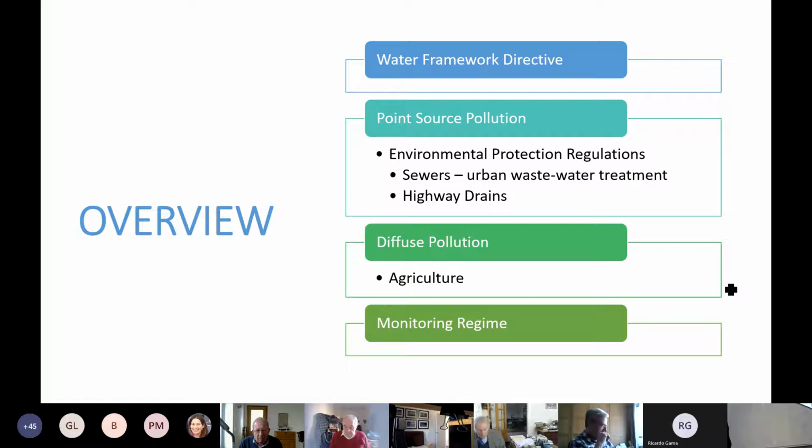Look at sewers, mainly through the Urban Wastewater Treatment Directive and how that's implemented. Highway drains, which is something Philip's committee mentioned, and see how that works. Then come on to perhaps one of the most intractable problems, and that's pollution of nitrates from agriculture and other sources. And then finally put that together with the monitoring regime.